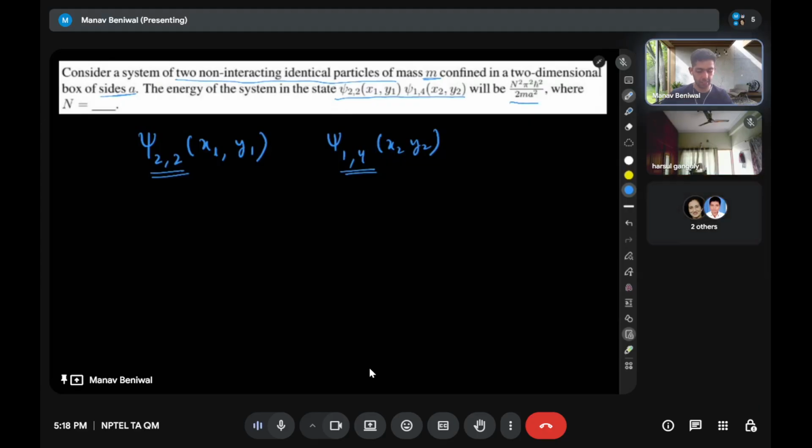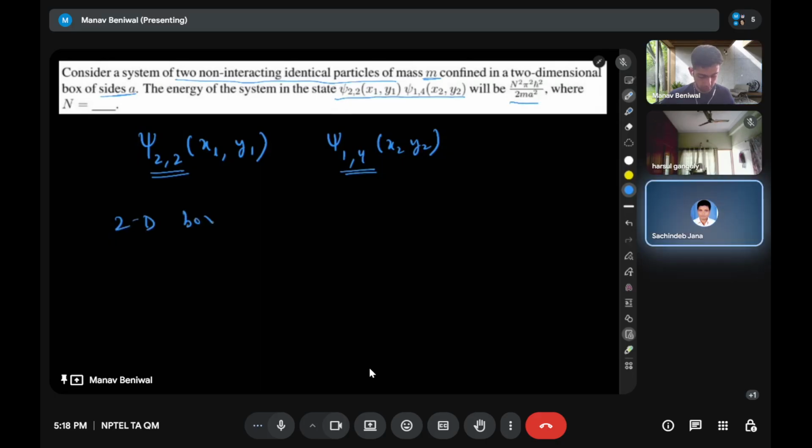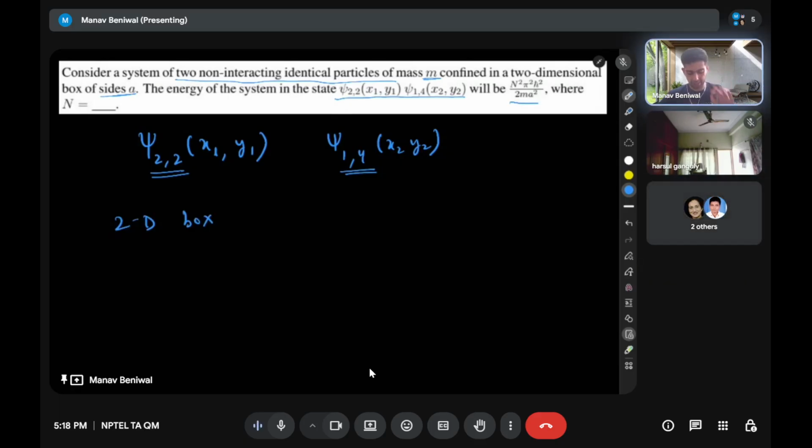If you recall, this is a two-dimensional box, right? Okay, we'll solve this, and then I think it will become clear.